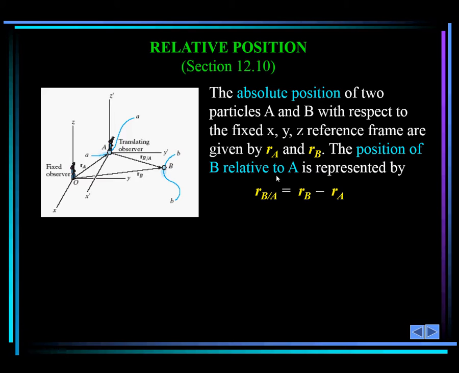The two particles A and B, with respect to some fixed frame, have positions r_A and r_B. The position of B relative to A is over here, this vector.